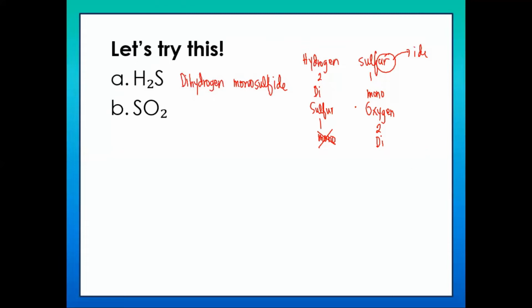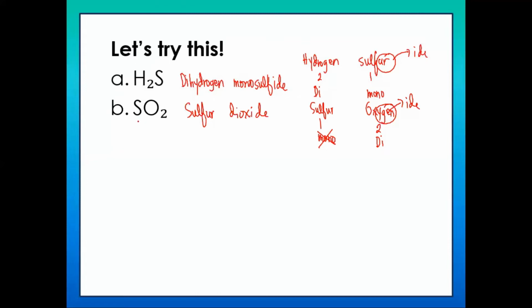So therefore, for oxygen, the suffix must be changed into IDE. So that becomes sulfur dioxide. Okay? So, again, no need for you to add mono if the first element has 1 subscript.